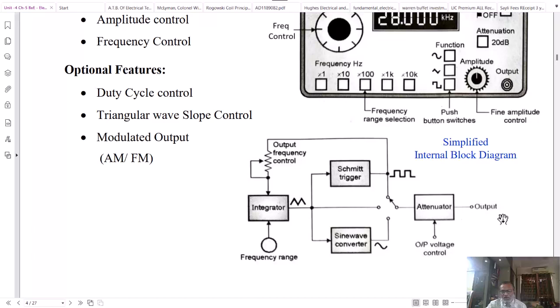Therefore, the output of the attenuator is the function you have selected, and the waveform is decided by the switch, which is either in the square wave position, the triangular wave position, or the sine wave position. This way, the function generator generates the various waveforms. Those waveforms can be used for testing purposes in an electronic lab.